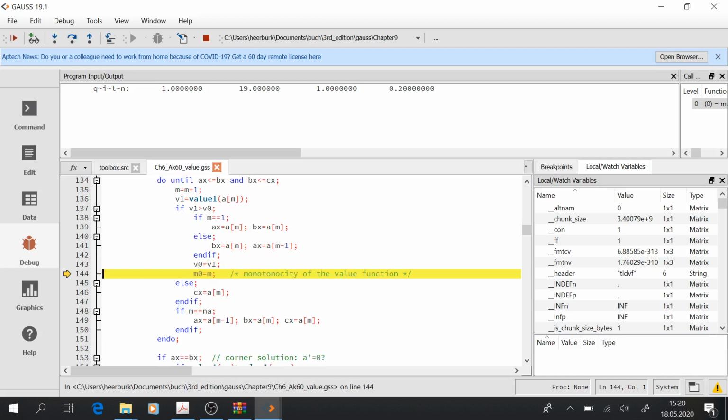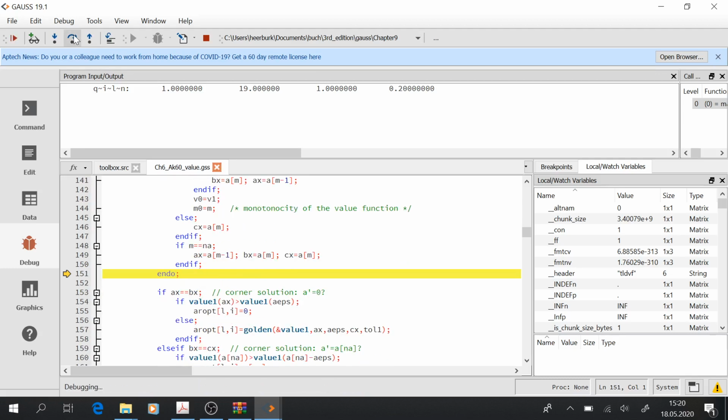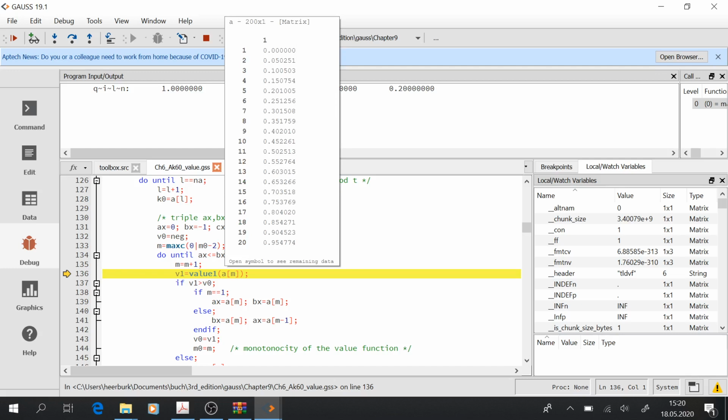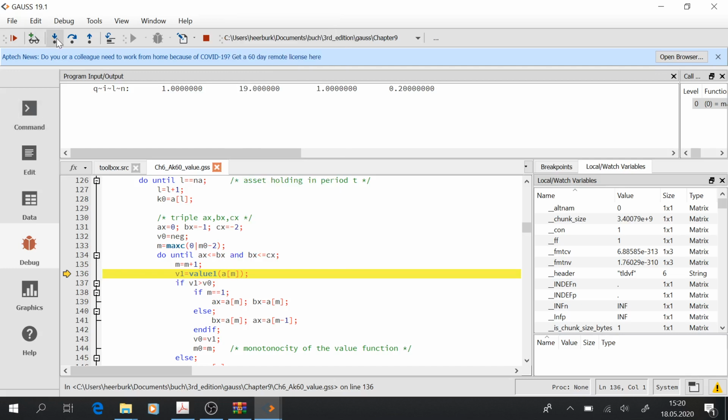We save the maximum in the variable v0, and we go to the next loop for next period wealth at age 60, so that a of m is equal to 0.05. And let's go into the procedure value 1 again, which is the right-hand side of the Bellman equation.